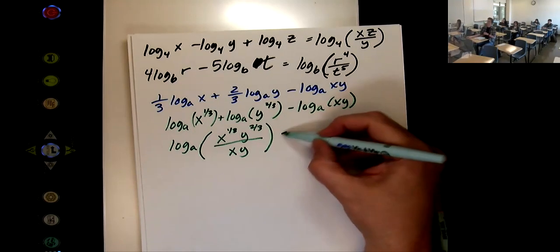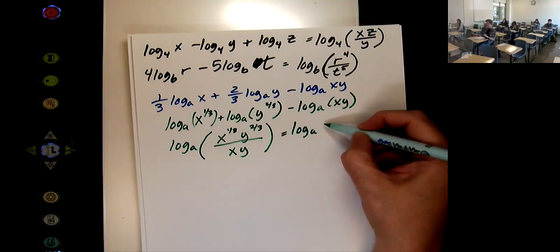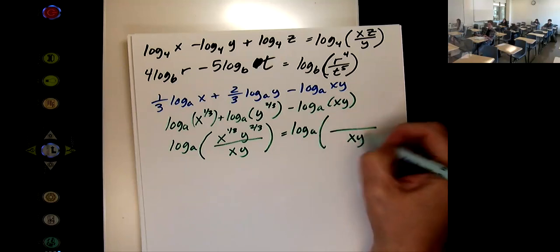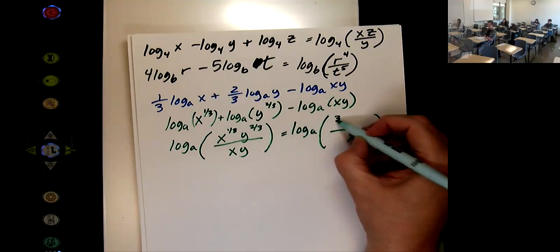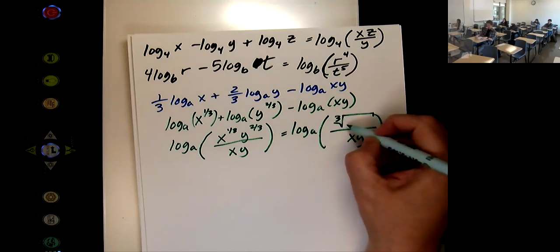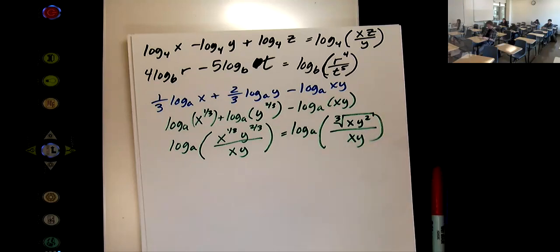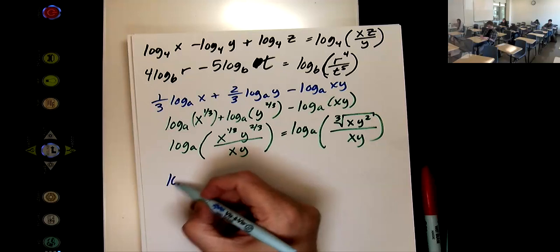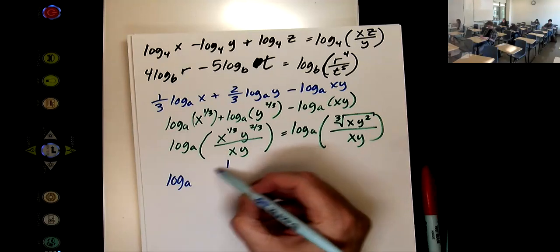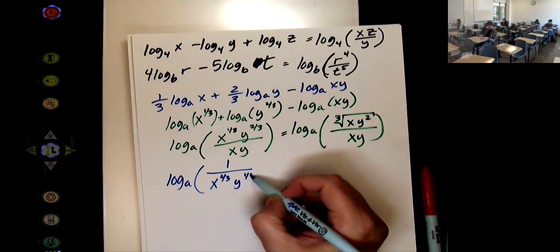Another way of looking at it is if we look at the exponent, the 3 on the bottom says that's a cube root. And then I've got x to the first power, y to the second power. I don't know if I'd do that though. I would probably work with these right here and simplify this. This is log base a of 1 over x to the 2/3, y to the 1/3.